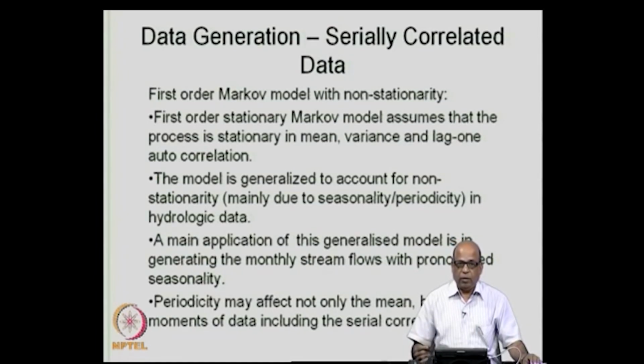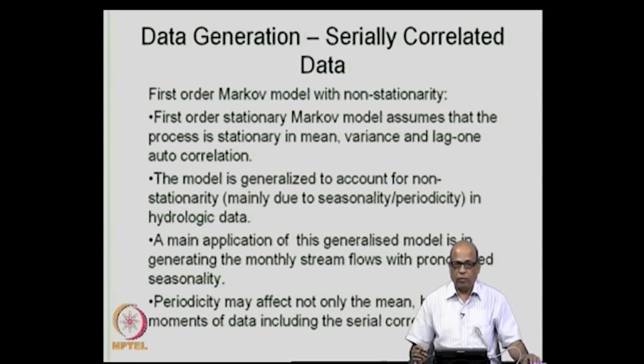A main application of the Markov model considering the non-stationarity in the data is essentially for monthly stream flow generation. It has been very effectively used for generating monthly stream flows in situations where there is a pronounced periodicity or seasonality.